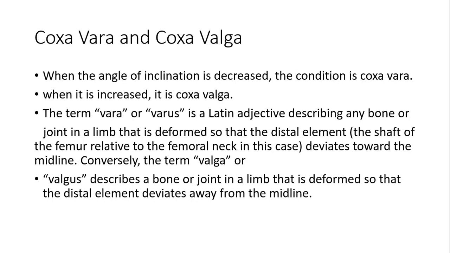Coxa vara and coxa valga: when the angle of inclination is decreased, the condition is coxa vara, and when the angle is increased, it is coxa valga. Vara and valga are Latin words.